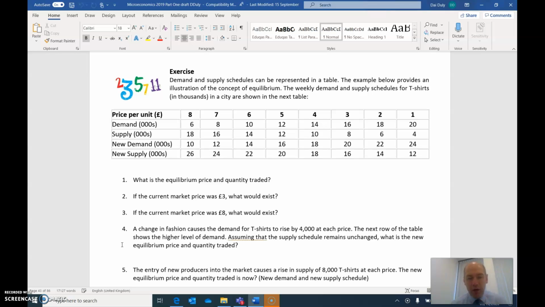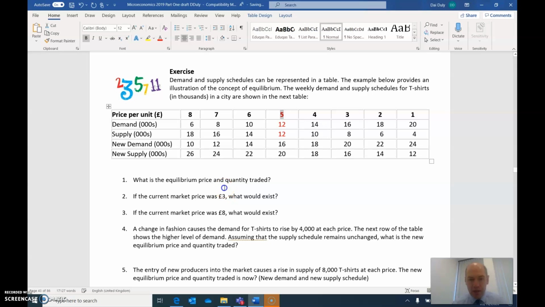Question 1 here, and I hope you guys did all the answers. If you didn't, obviously just press pause and give yourself a chance to go through it. In terms of the equilibrium price and quantity traded, you're just looking at your initial demand and supply curve and looking for where demand and supply are equal, and you should have found it here at a price of £5 with 12,000 demanded.